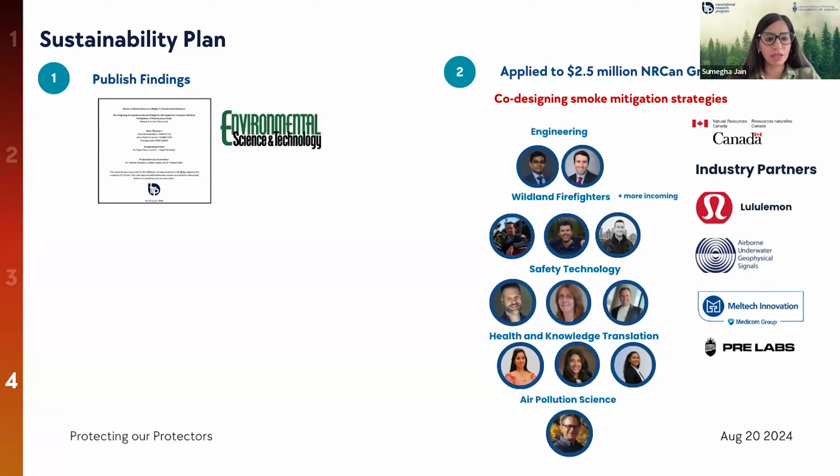We have established a network of engineers, academics, and industry partners who are excited to collaborate with the wildland firefighters. There is still an opportunity for further stakeholder engagement, such as occupational health and safety and wildfire agencies. Together, our goal is to co-design interventions that are not only effective, but also practical, and responsive to the unique challenges of this occupation.